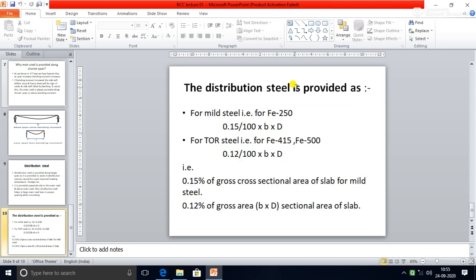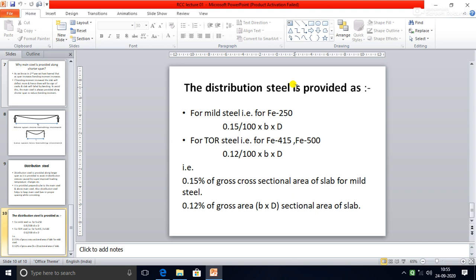Then next, because we are learning the limit state method, in that limit state method we have to apply all the concrete or all the steel in a limit.